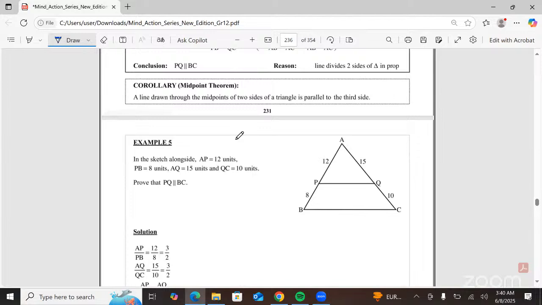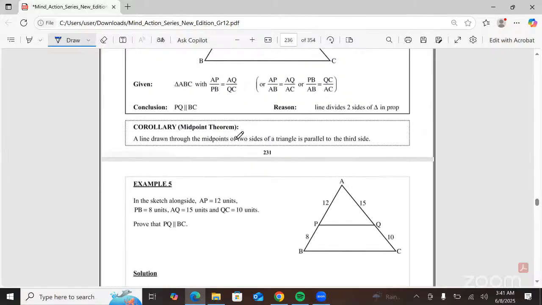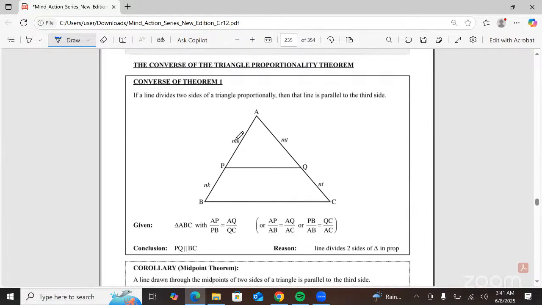Now we are required to prove that lines are parallel, which is the reverse of that theorem. If you do the reverse of something in maths, that's the converse. So this is the converse of theorem one.